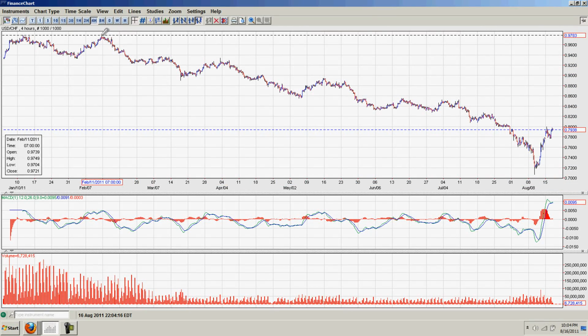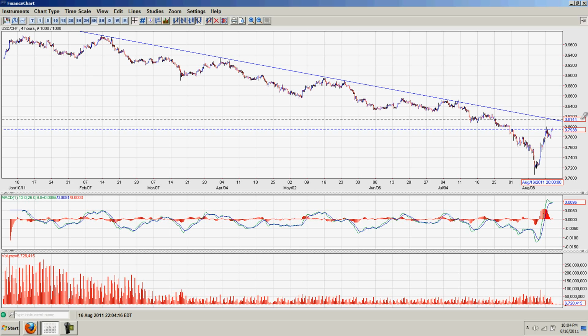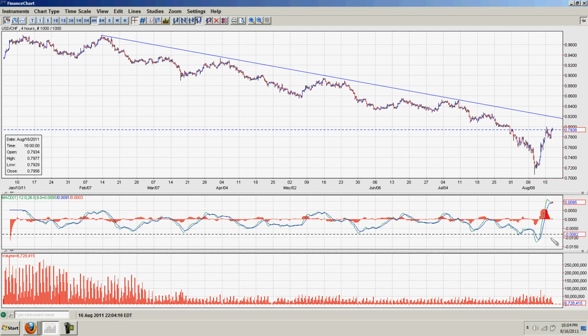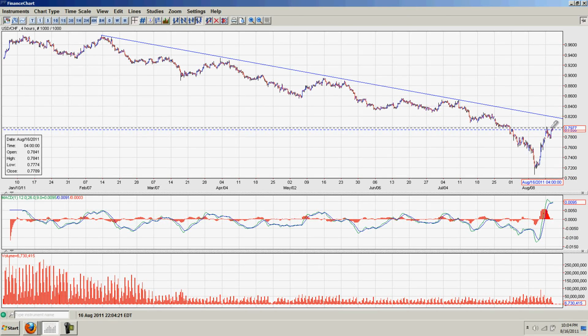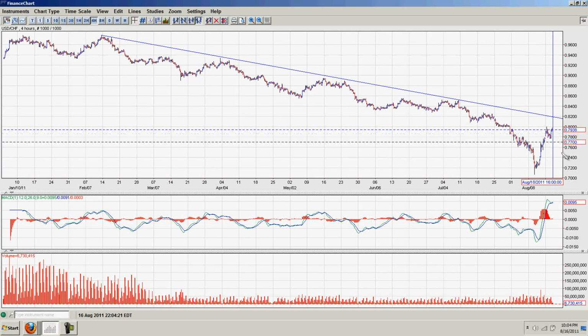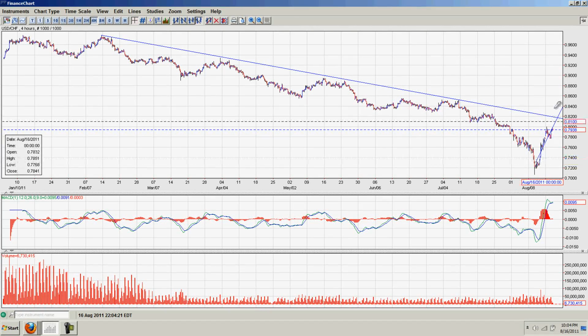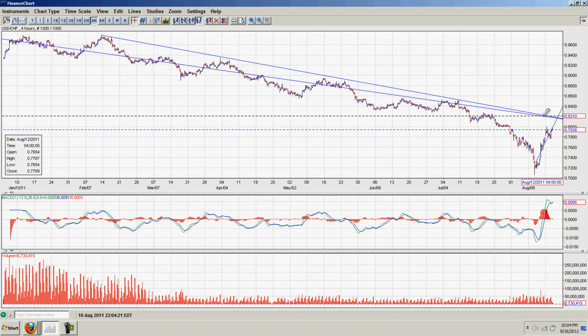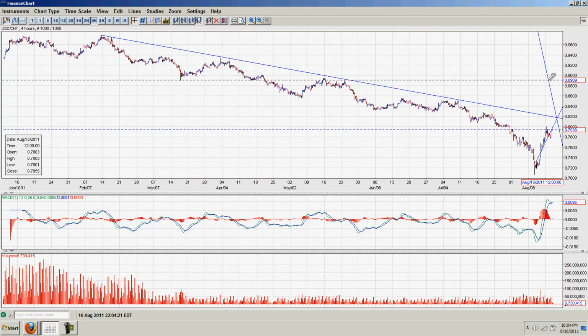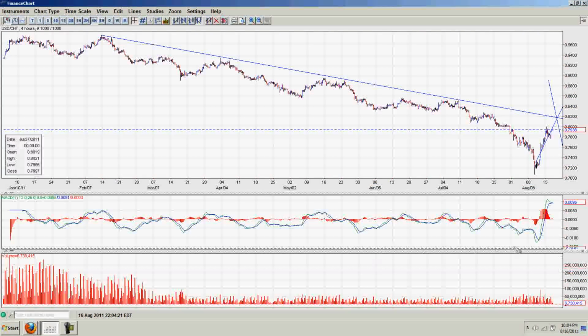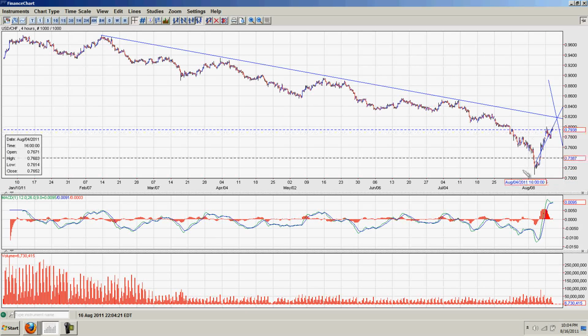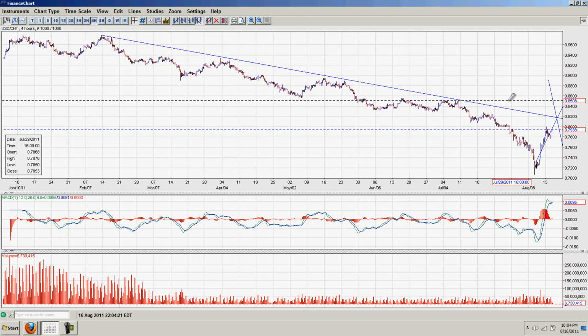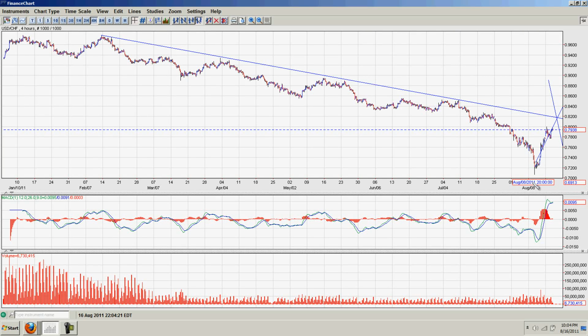We're still in a declining trend, and we haven't touched this, so maybe we'll get something right up to this line and then turn down here and go back down. That would be my best guess. But this is central bank intervention, again, trying to strengthen the dollar against the Swiss franc.